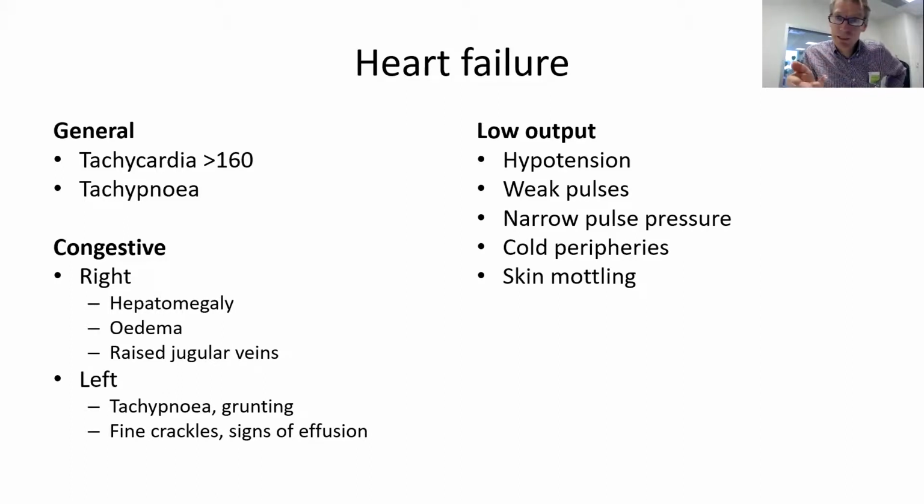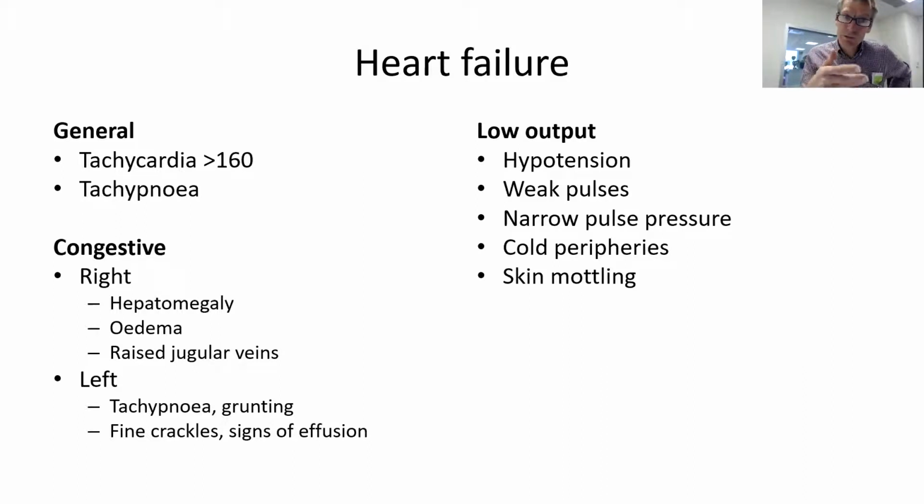We all know that tachycardia and tachypnea are signs of heart failure, but then there are some signs that we see and observe and report that are signs of congestive right heart failure, such as hepatomegaly and generalized edema or lower limb edema, and a raised jugular venous pressure.